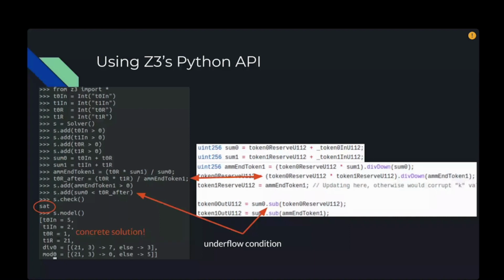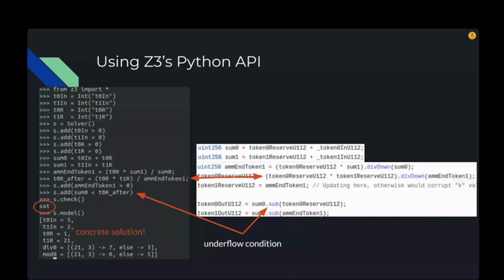On the left, we're in Python: import the library, declare some integers, declare a solver. This add function is basically adding conditions, or constraints, right? So this is adding to the conjunction of all conditions for our SMT problem. I've drawn some arrows here to show where things correspond.